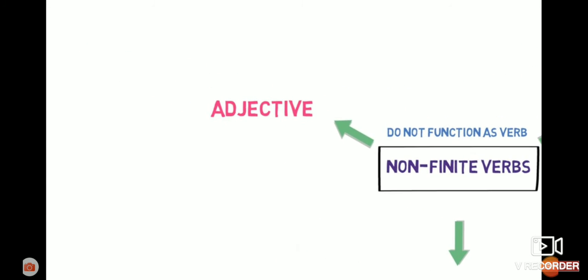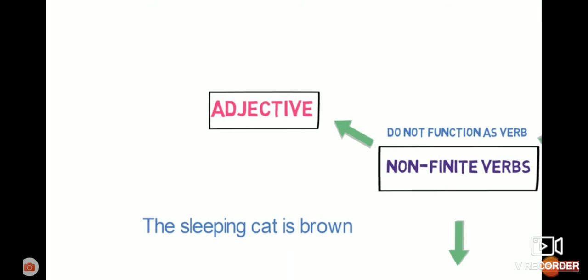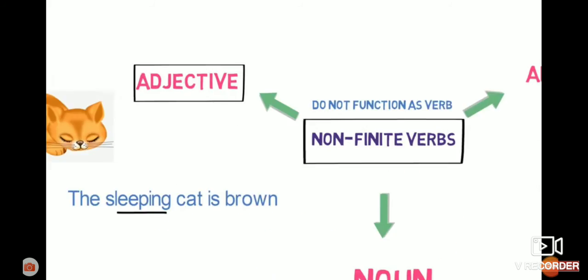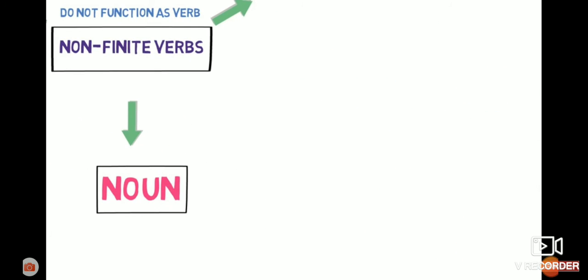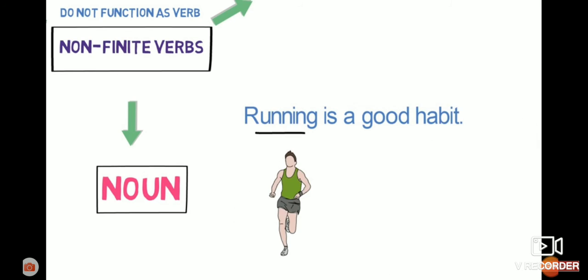Now let's understand their functionality as an adjective with an example. The sleeping cat is brown. Here, sleeping functions as adjective in the sentence as it is describing cat. Now let's understand how they function as noun with an example. Running is a good habit. Here, running functions as noun in the sentence.